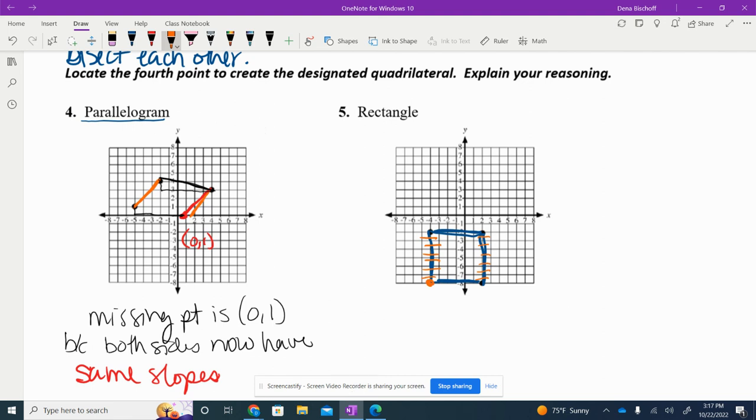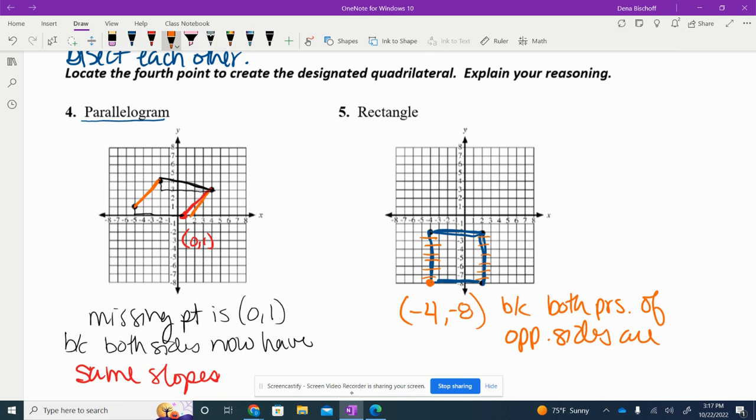So the missing point is the ordered pair negative 4, negative 8, because both pairs of opposite sides are congruent, or equal. They're each 6. So this square is actually also a rectangle.